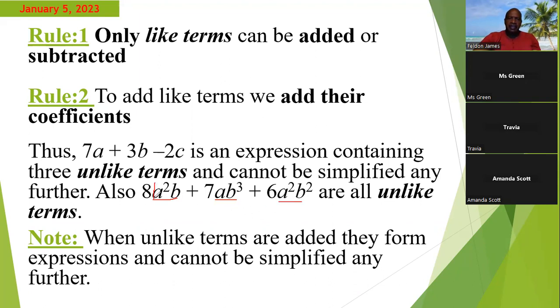The fact that these are all different terms, or in other words, all different variables, means that each is a product of unknowns, and for each of them the product of the various unknowns is different.